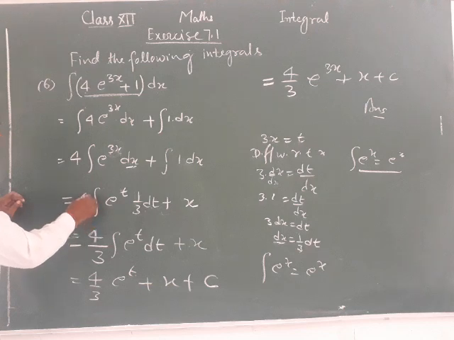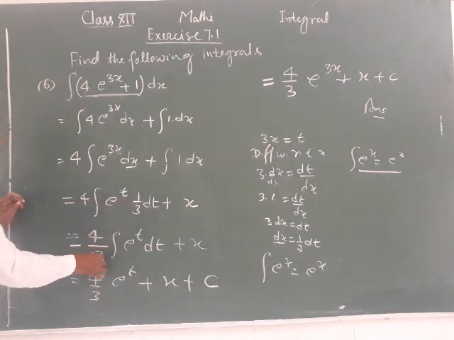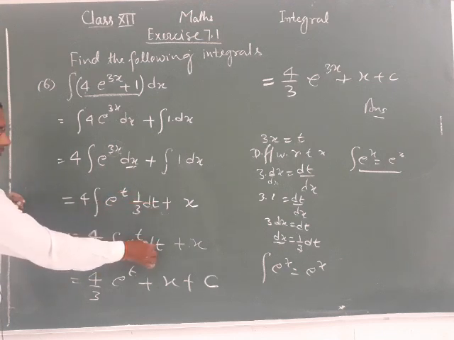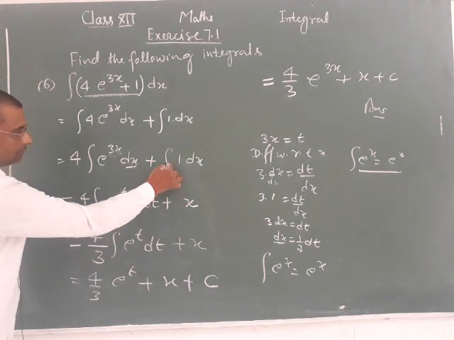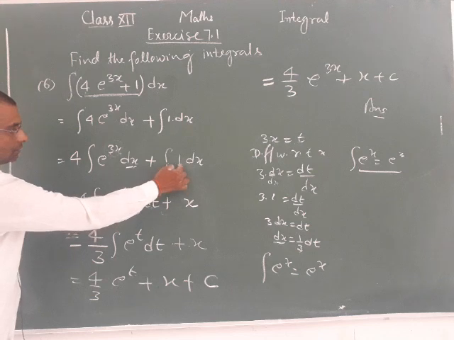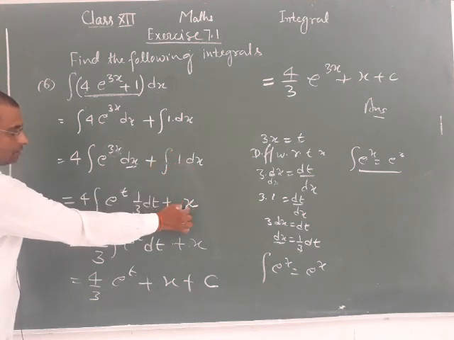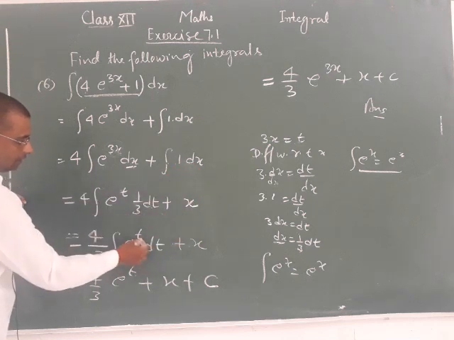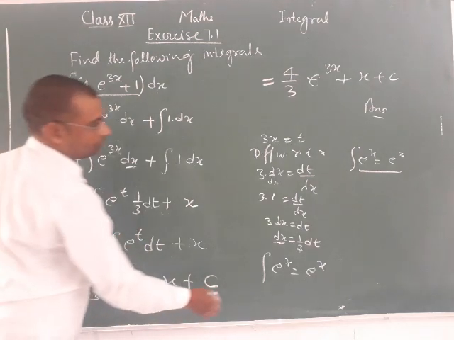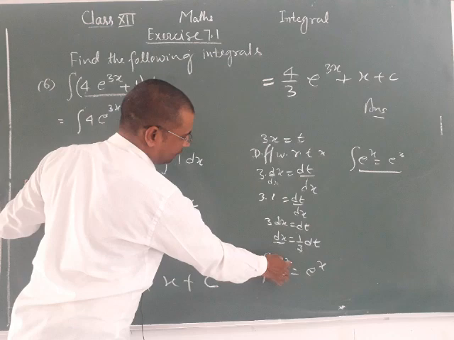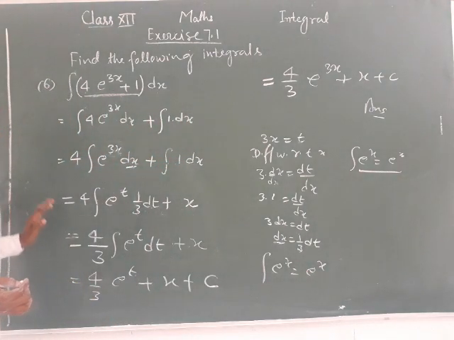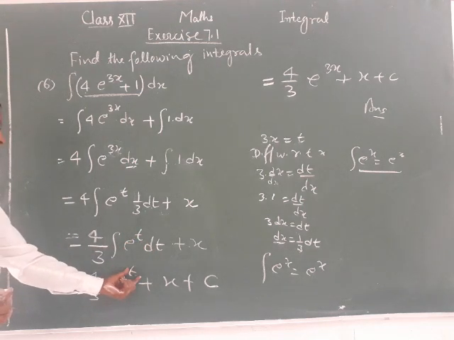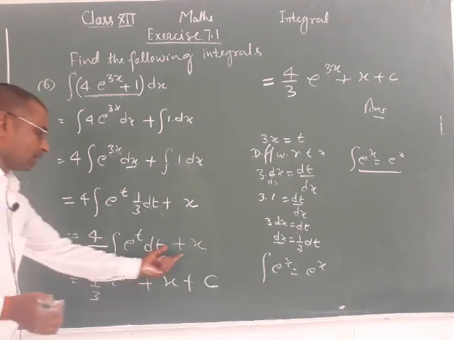So the integration of 4 and 1 upon 3 common out, 4 upon 3 integral of e raised to the power t dt plus integration of 1 dx, that is integration dx is x, and the integration of e raised to the power t dt is e raised to the power t plus x.